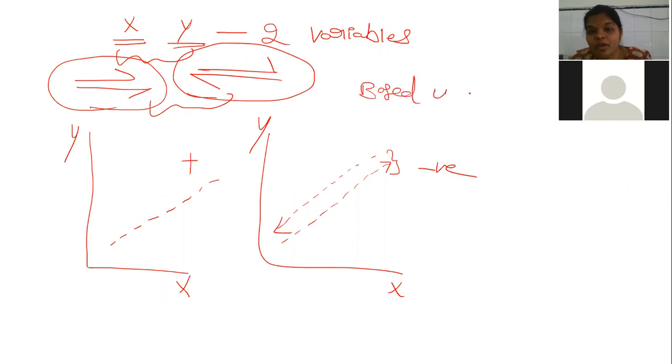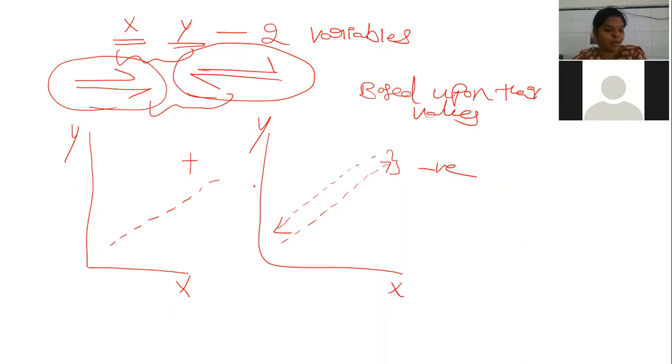Based upon their values, we have data for the x variable and y variable like 10, 20, 40, 50, 60, whatever the data is. When you plot these values on a graph, you can find out whether the variables follow a positive direction or a negative direction.